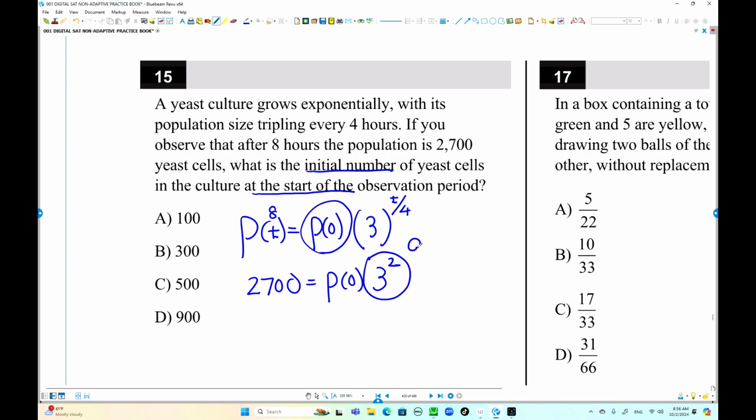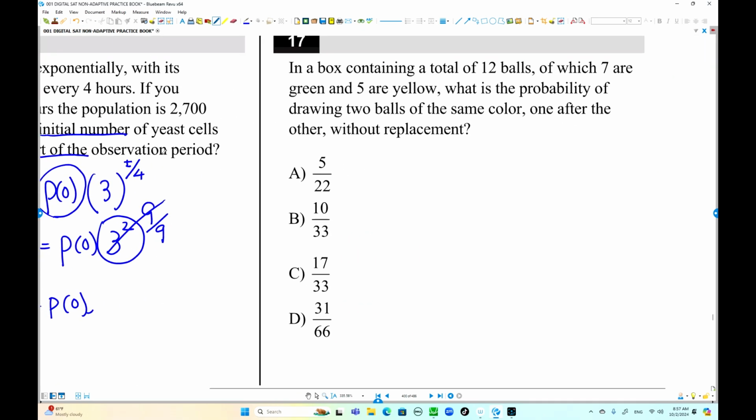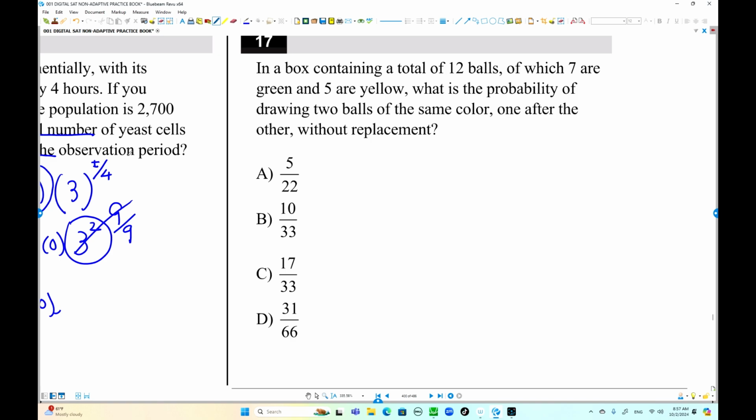When you divide both sides by 9, 300 equals P0. The initial value is P0, 300 is the answer. Number 17 over here. The box containing a total of 12 balls.